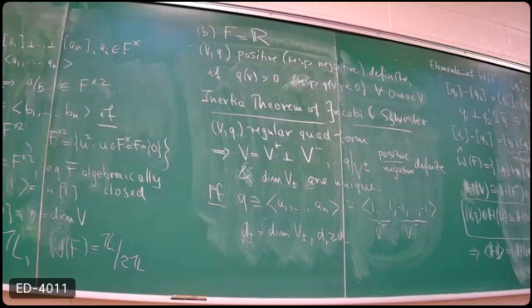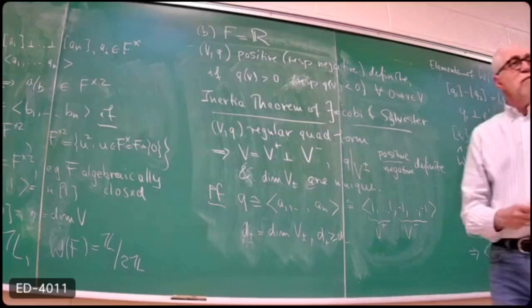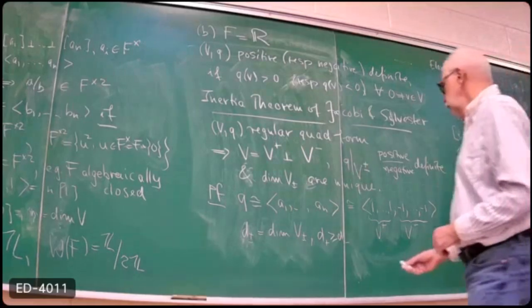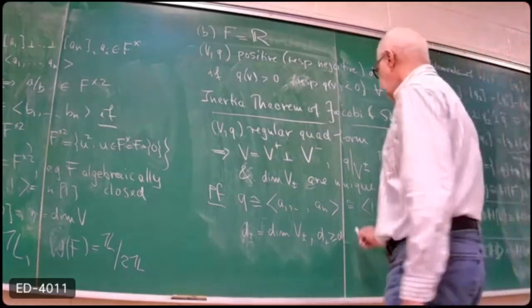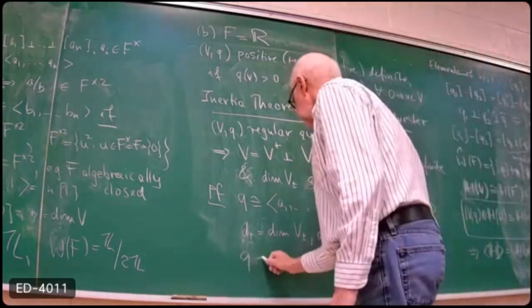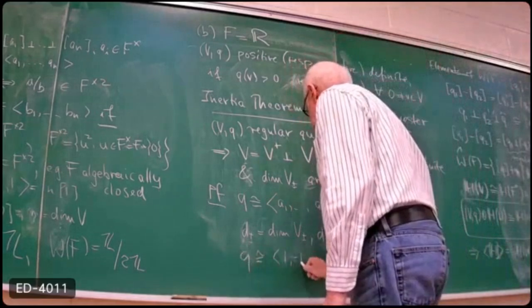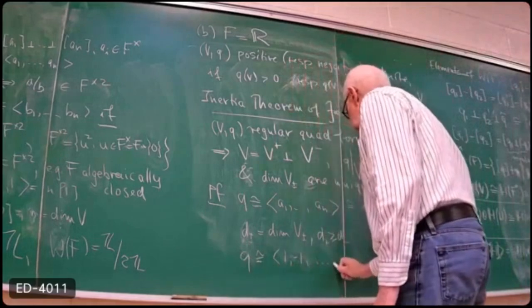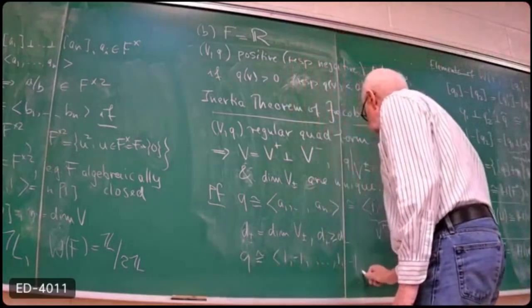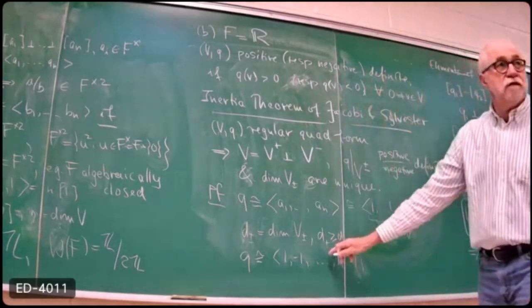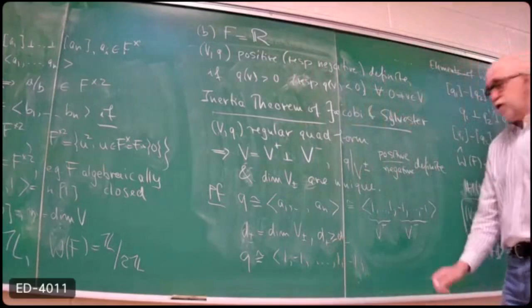Now I permute my basis elements so that 1 and -1 can alternate. So then Q is isometric to 1, -1, 1, -1, and then from some point on, because I assume there are more ones than minus ones, I have just 1.